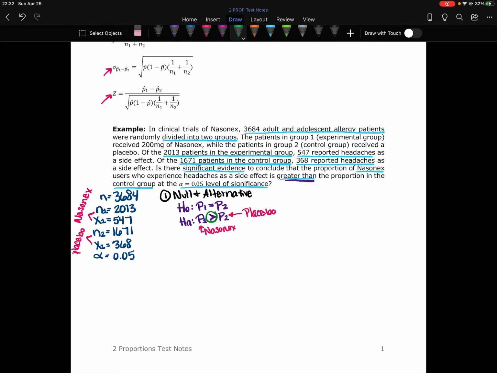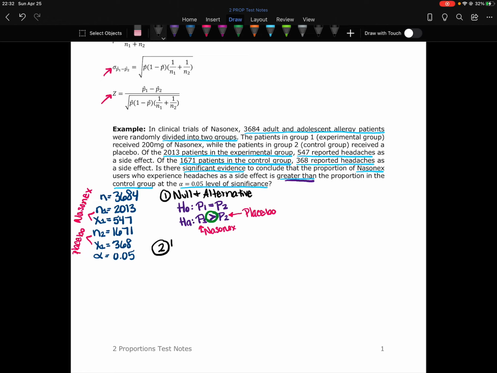Just like the only thing that should change between your null and your alternative when you're looking at one proportion compared to a given value that you're comparing it to, the only thing that's different between the null and the alternative is this symbol. So I have my null and my alternative.